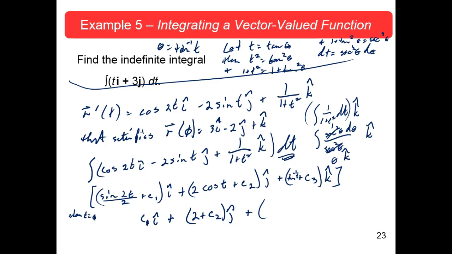Now, when you put in t equals 0, what's the inverse tangent of 0? 0. Because remember, the tangent function goes through 0 just like sine, because it's sine over cosine. So that would be 0 plus C3, and we don't need the parentheses anymore.